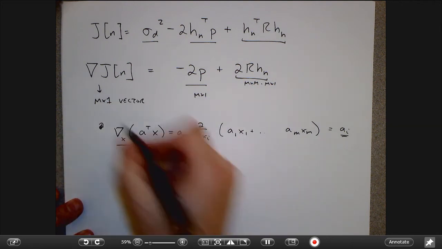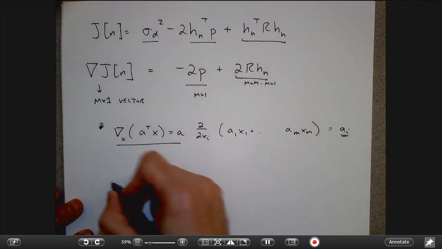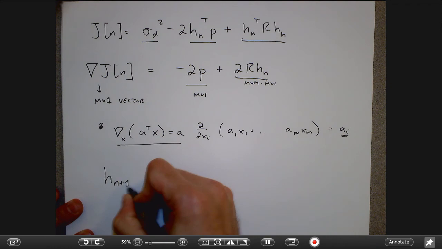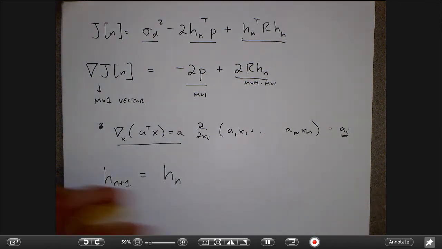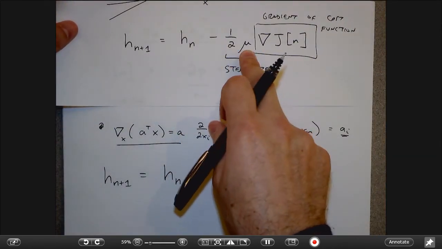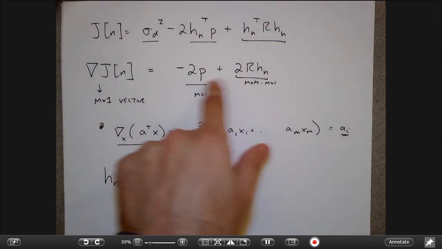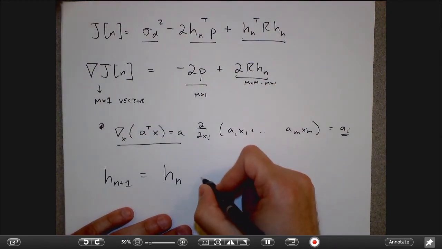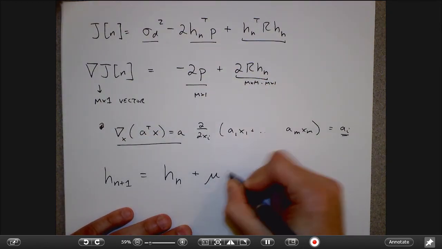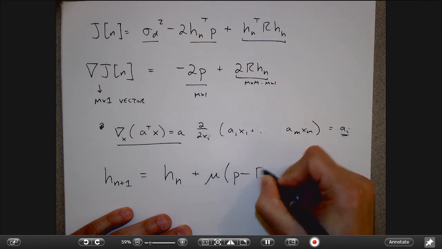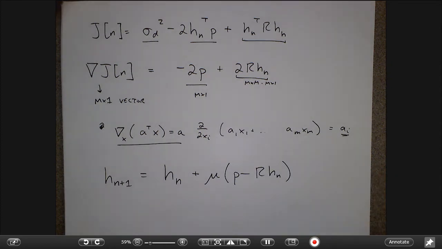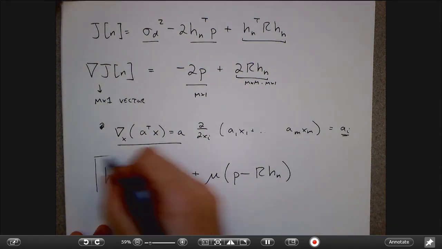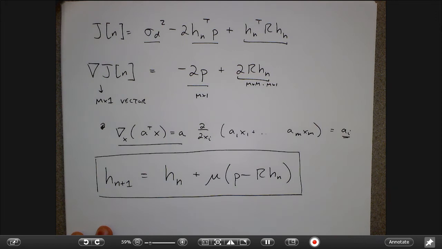And so now what the steepest descent algorithm would be telling me is that I get my next filter by taking the filter I have now, and I'm going to be taking minus 1/2 mu times this gradient, so these 2's and these negatives are going to cancel out, and what I'm going to do is take a step along this vector direction, okay? And so this is the steepest descent iteration that I would use.